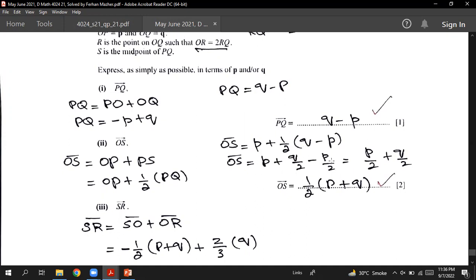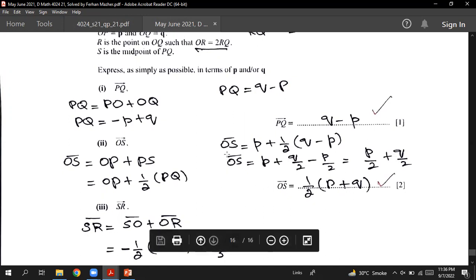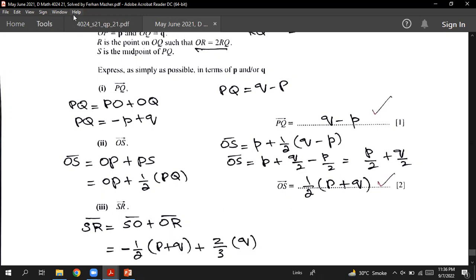So 1P minus P by 2, you are left with P by 2, plus Q by 2. So I can write here 1 by 2 into (P plus Q). So this is how you will find the OS value.